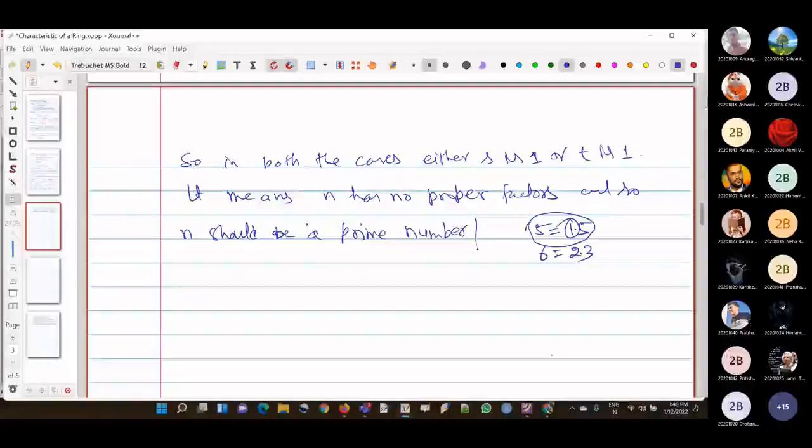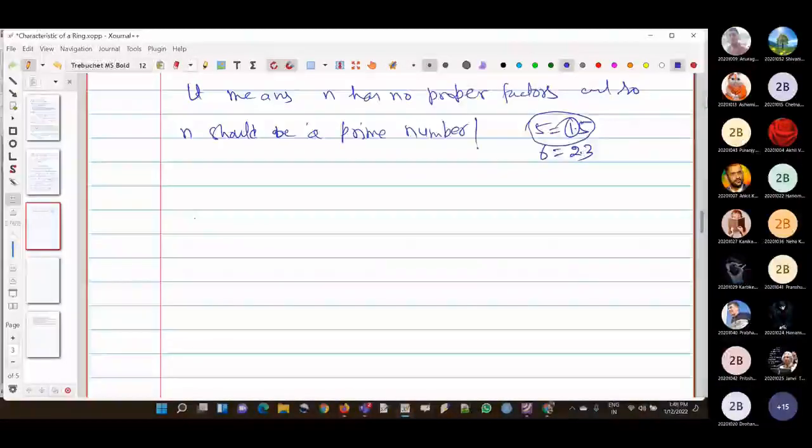So this was about the characteristic of a ring and how we can find the characteristic of a ring. You might have come across this many times in earlier classes. Suppose you want to find the solution of x square minus 4x plus 3 equals 0.